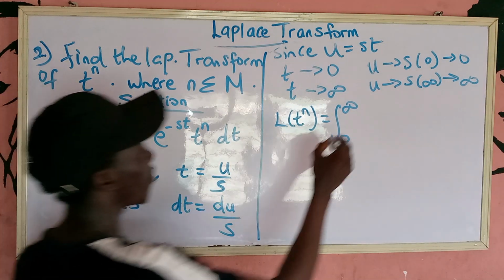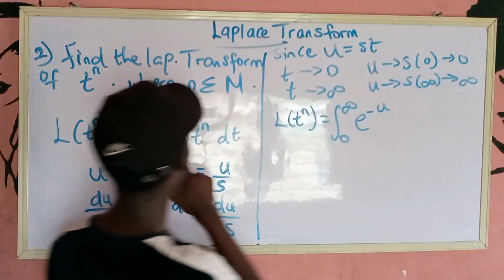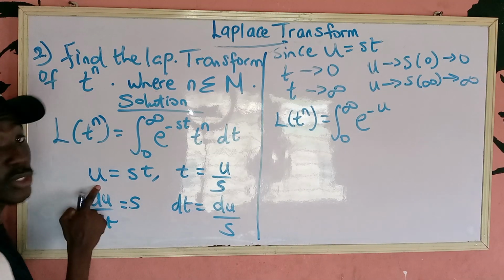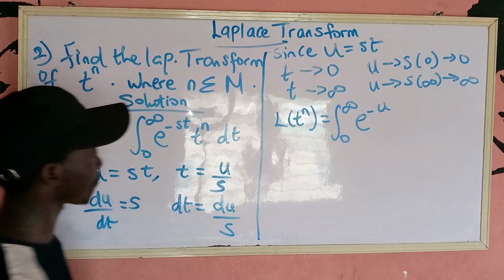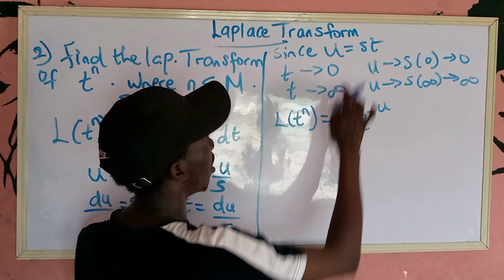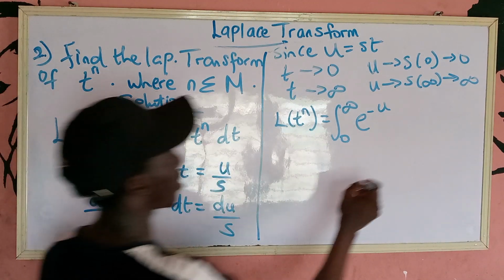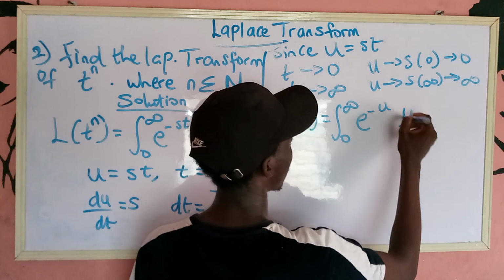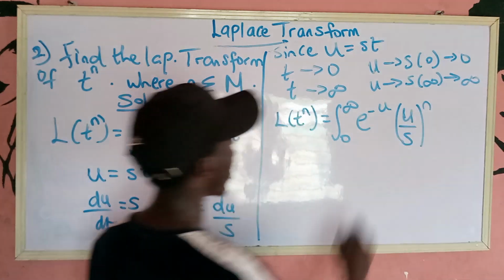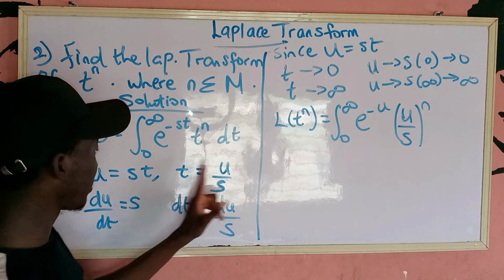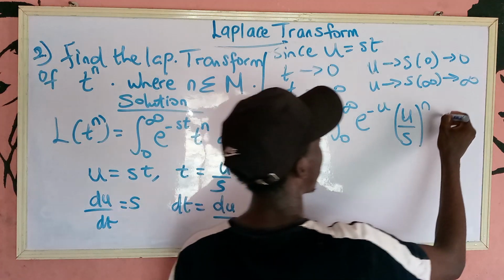So this becomes e raised to power minus u. My st is my u, so it becomes u. My t is u over s, so that is u over s raised to power n. And my dt is du over s.